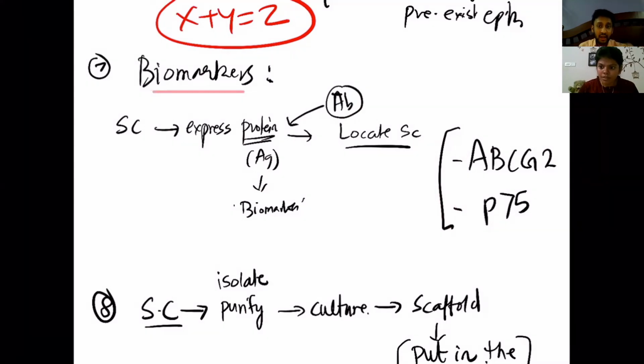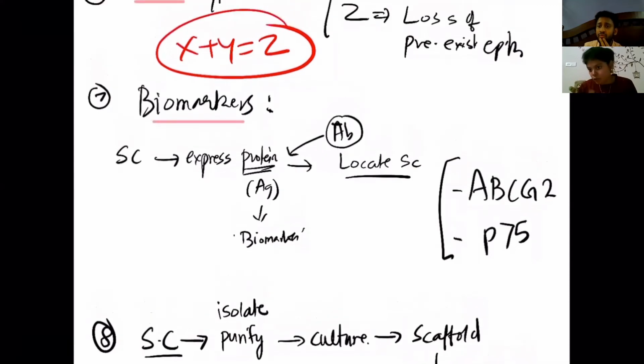Can I just interrupt here? Yeah, please. Every stem cell, for example Limbus or TM, has its own set of biomarkers. ABCG2 and P75 are specific for TM. When we talk about Limbal, it's ABCG2 and P63.